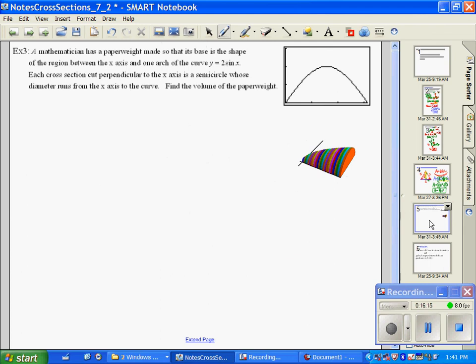A mathematician has a paperweight made so that its base is the shape of the region between the x-axis and one arc of the curve 2 sine of x. So go ahead and give yourself a graph. Make sure you write down the important facts.